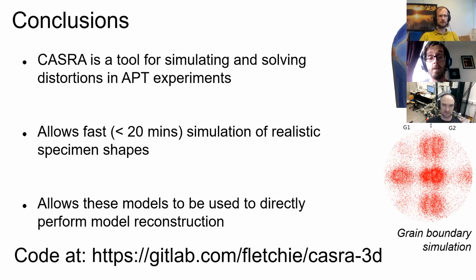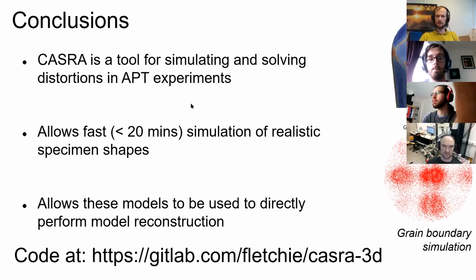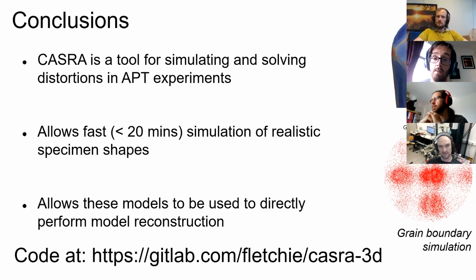In theory you could do a similar procedure, what's called shape optimization, where you change the geometries of the phases over time and then try and match up the reconstruction to the model you started with. So yeah, you could do it, but I've been looking at iterative reconstruction varying evaporation fields, while keeping the specimen geometry fixed at the moment.